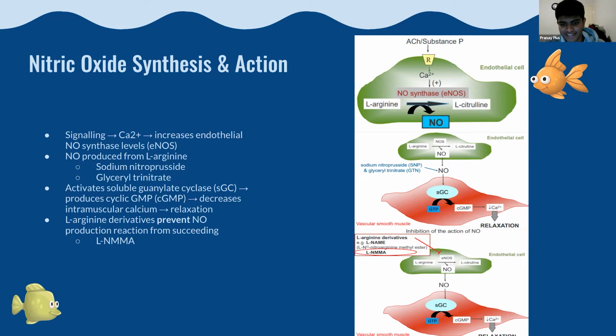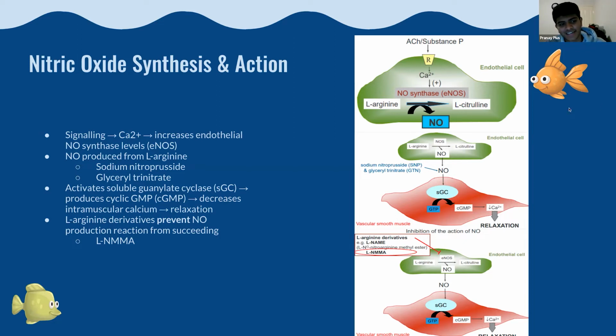Basically, you need to know L-arginine is broken down, nitric oxide is released as a byproduct, and this causes a decrease of intracellular calcium in the vascular smooth muscle, and that leads to relaxation because calcium is really important for the contraction of muscles. Now, there are some derivatives which prevent NO from succeeding. Again, really low yield, but there are some inhibitors called LNMMA, but it's fine.